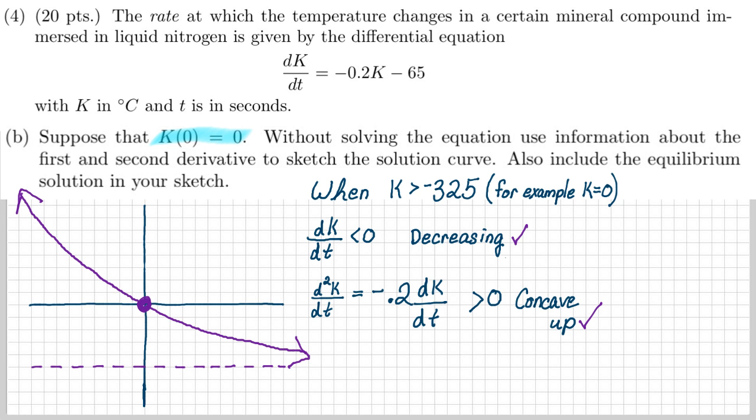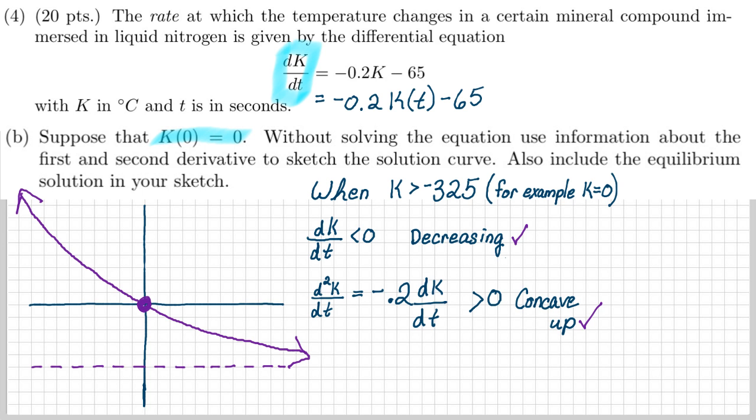So we can think of this, remember, k depends on t. The temperature of this mineral compound is changing as a function of time. So the temperature depends on t. So k is actually a function, right? And so we even know what the derivative of k is. That is exactly what our differential equation is.